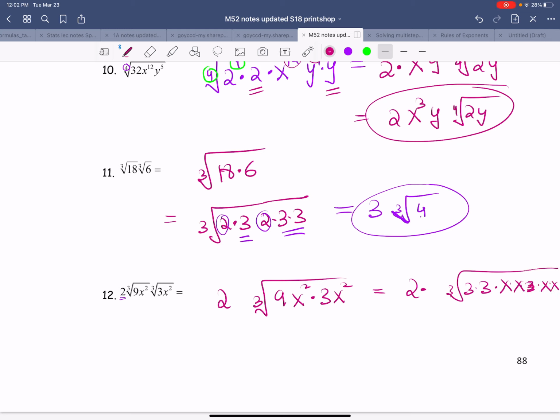So let's see, do I have 3 3s inside? Yeah, looks like I do have 3 3s inside. So 1 3 comes out. And I also have 3 x's inside. 1 x comes out. 1 x is left alone inside because there were 4 total x's. So it turns out to be 6x cube root of x. That's all we are left with here in this case.